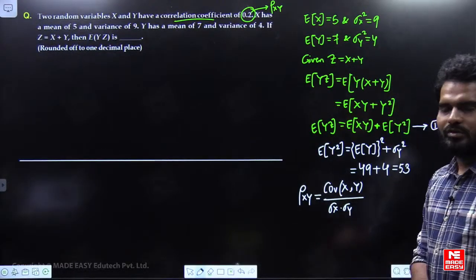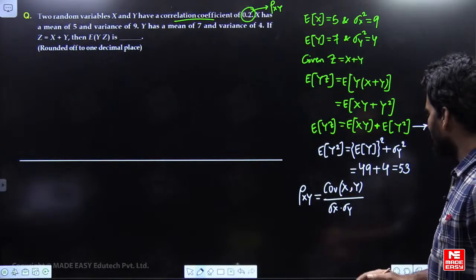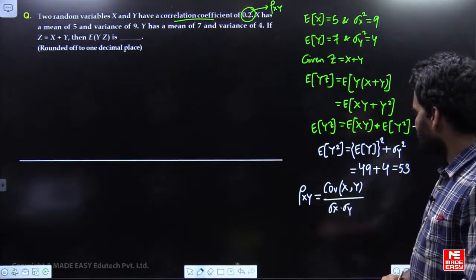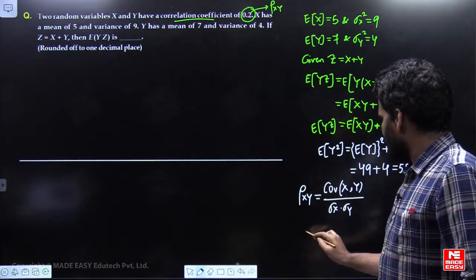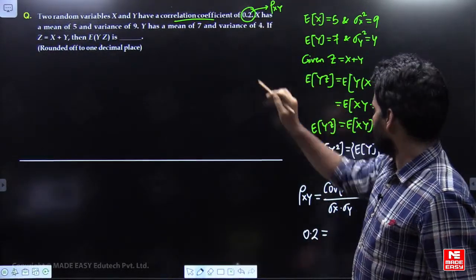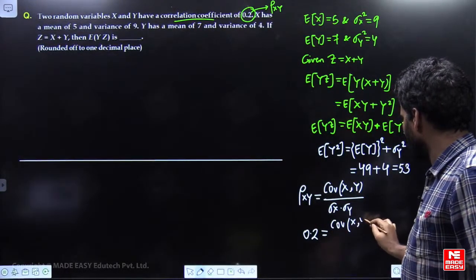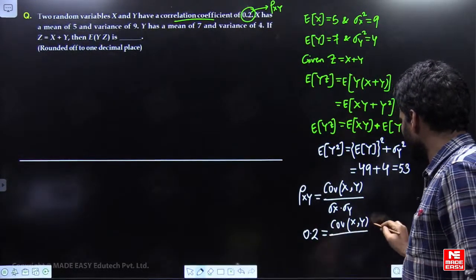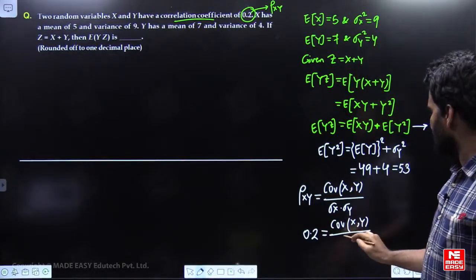This is how you find the correlation coefficient between two random variables. This is given as 0.2.